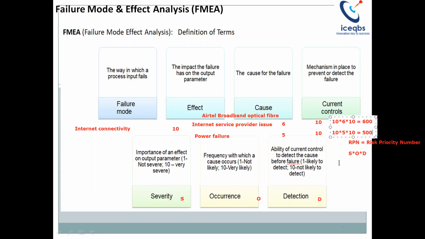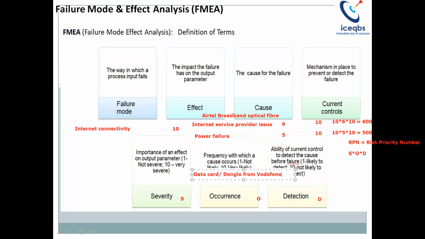So in this case, again for the internet service provider issue, I was planning two actions. One is I went for a dongle or data card from a different service provider, a dongle from Vodafone.